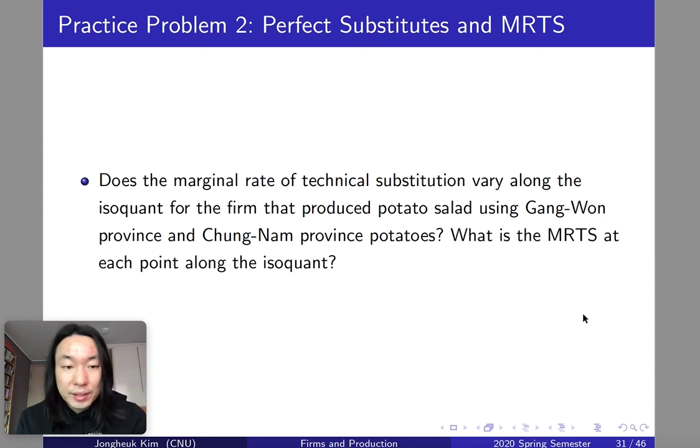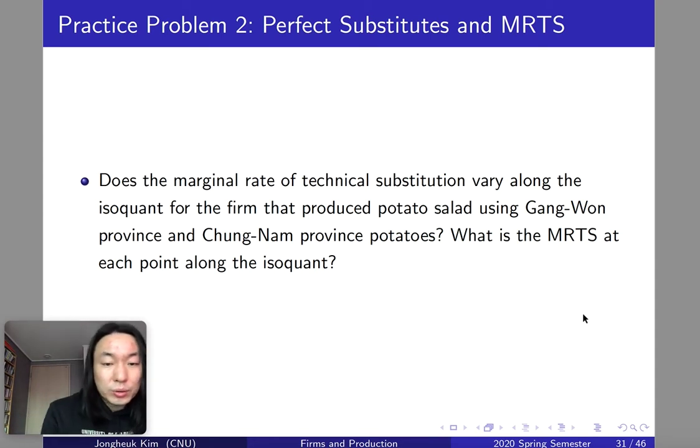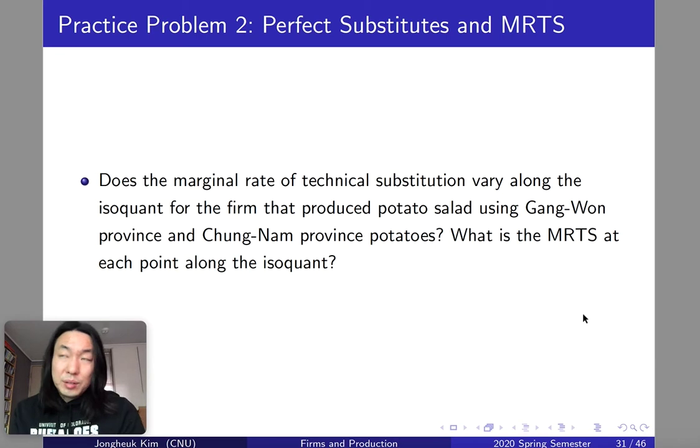What is the MRTS at each point along the isoquant? So this problem is the example. The information is not fully provided in the question, but this question assumes that the potatoes from 강원도 and 충남도 are perfect substitutes for each other.